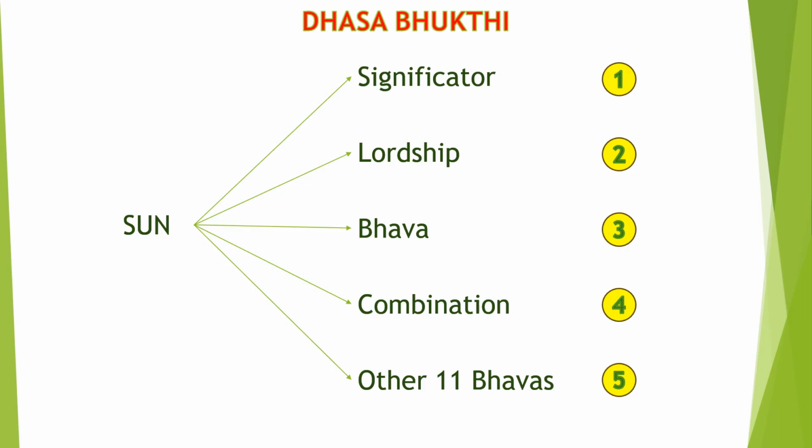So, like this, we should give importance to the lordship, or we should combine the significator and lordship together to filter the benefits that the person will be enjoying. Or we can come to a conclusion that this lordship benefits will be enjoyed by this person during this Dasha Bhukti period.